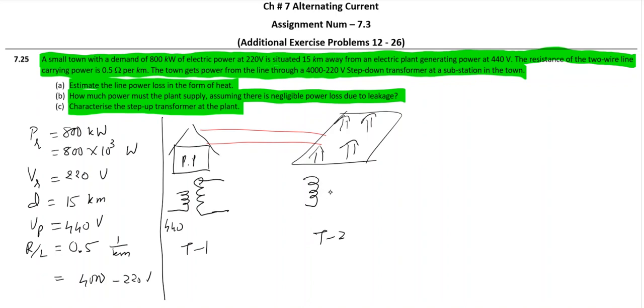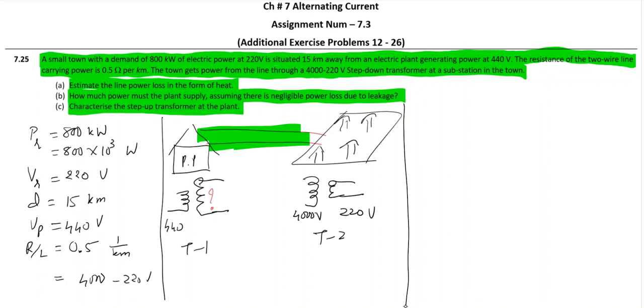It is converting high voltage into low voltage, 4000 volt into 220 volt. So what should be done here? 440 volt should be converted into which value of voltage? Question 1. How much is the transmission loss? That also we'll need to figure out.